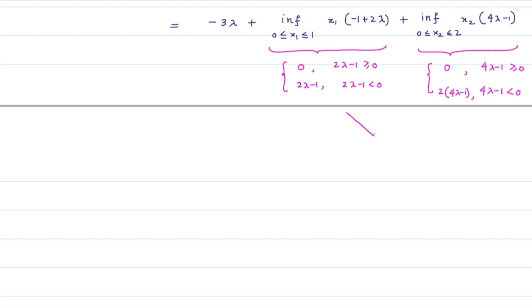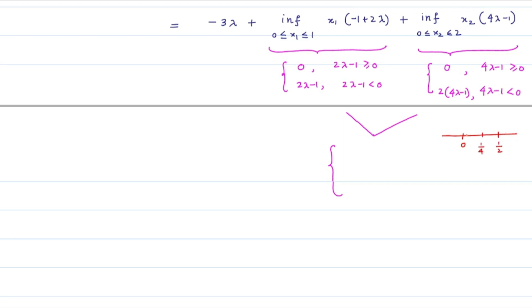Therefore, for these two terms together, in terms of breaking values of lambda, we need to give a breaking at lambda equal to half and at lambda equal to 1/4. So we consider a breaking of the lambda values at 0, then at 1/4, then at half.